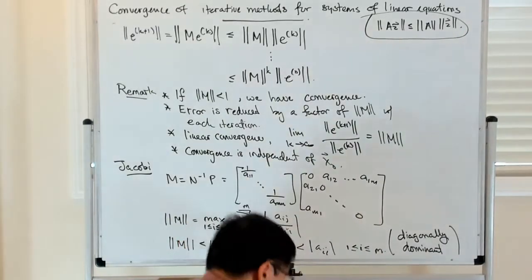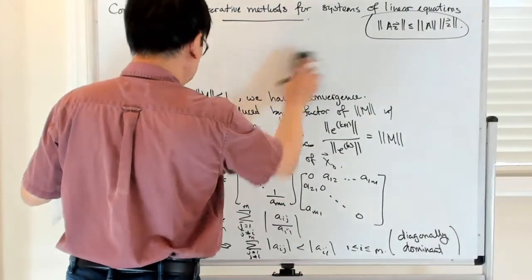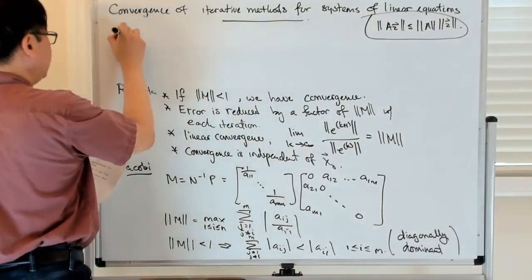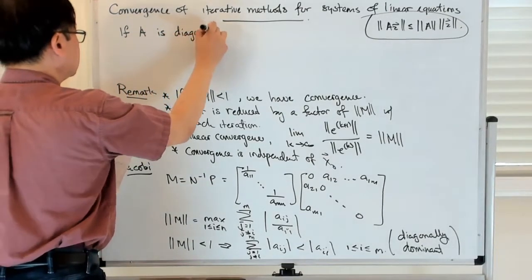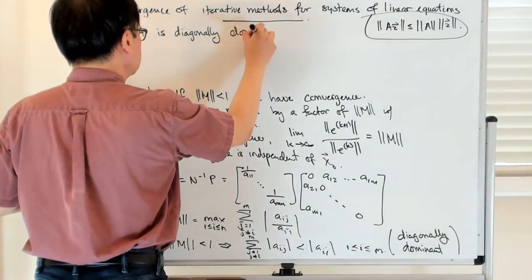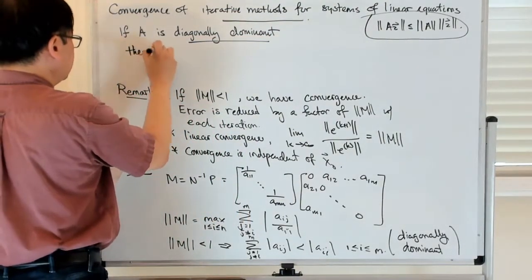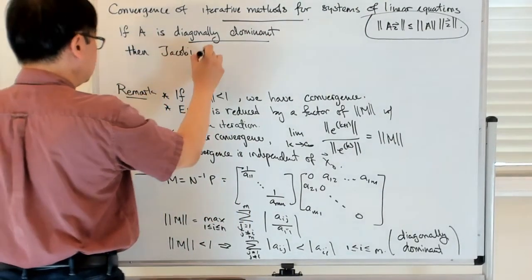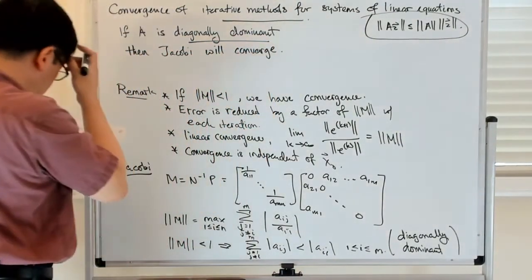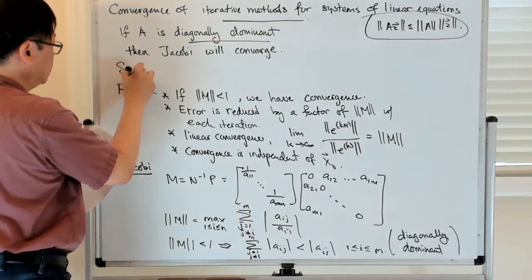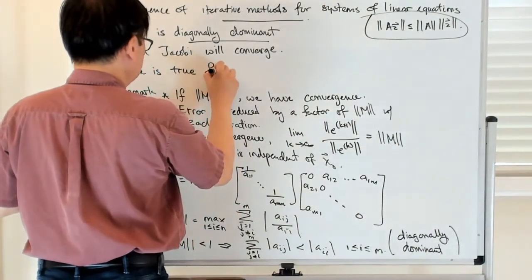So the upshot of this is that if A is diagonally dominant, then Jacobi will converge. And the same is true for Gauss-Seidel.